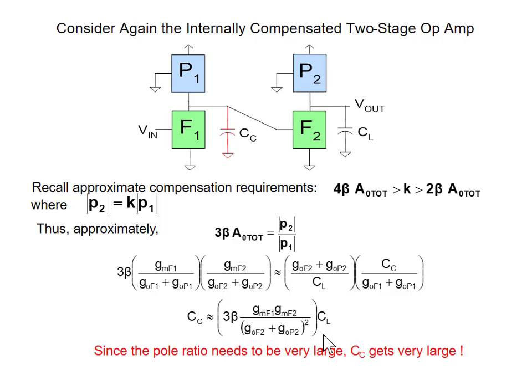If I plug in P1 and P2, then I want 3 beta A naught, this was A naught, to be equal to P2 over P1. Then I can solve the equation for C sub C, because that's what I need to do the compensation. If I solve this equation for C sub C, C sub C is approximately 3 beta times CL times this term here.